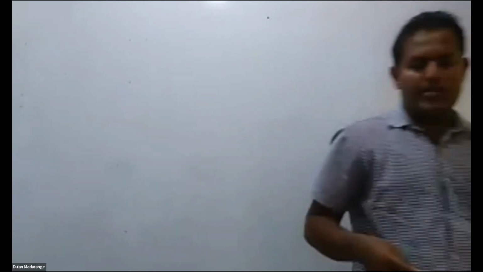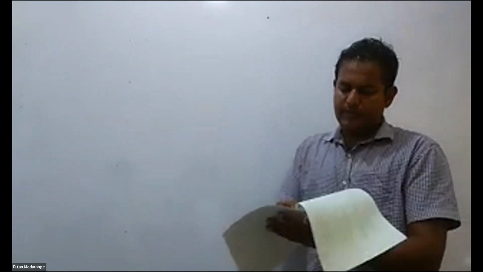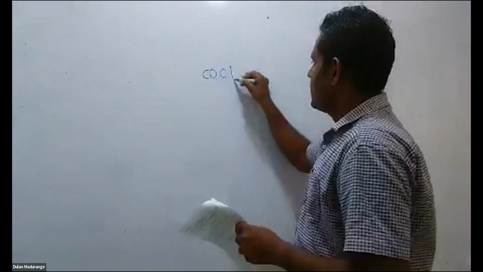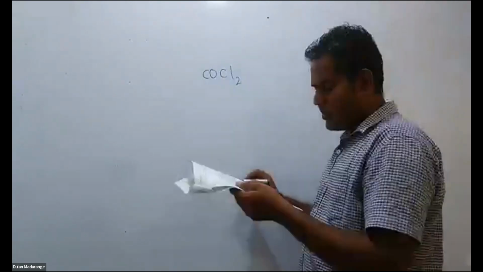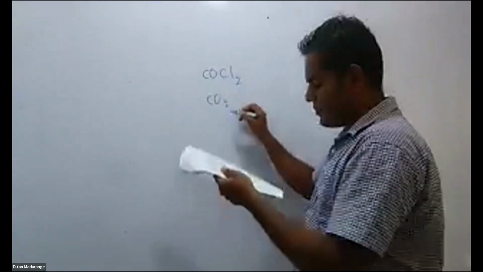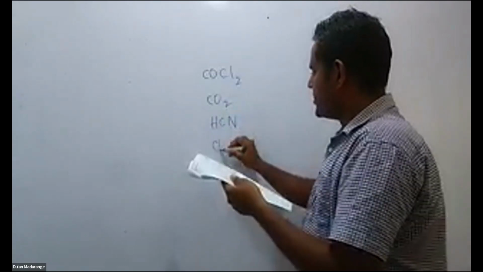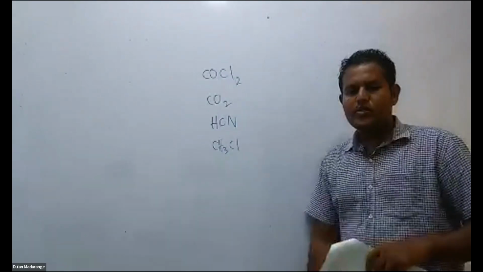So now we can see the structure essay paper. COCl2, CO2, HCN, CH3Cl, 4 species.